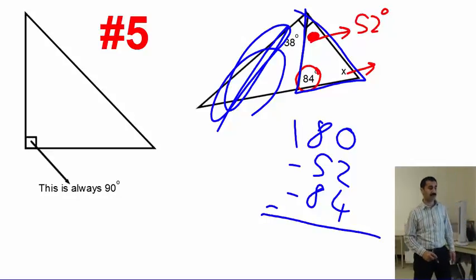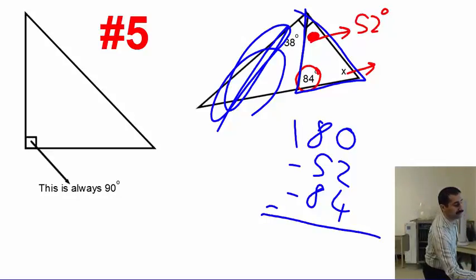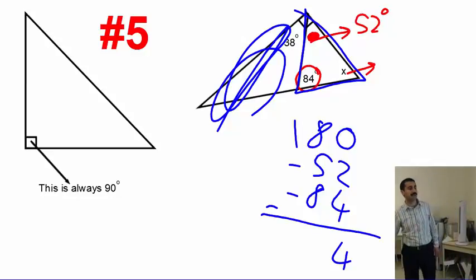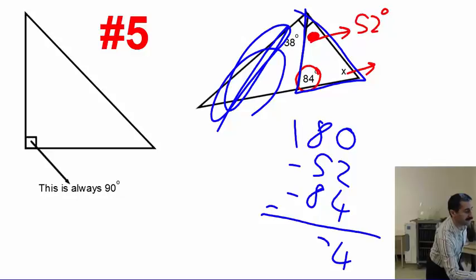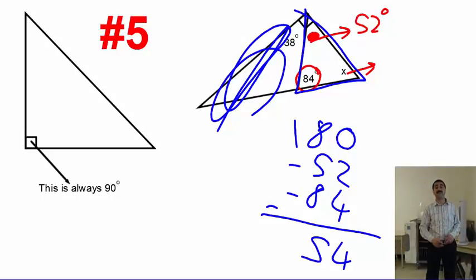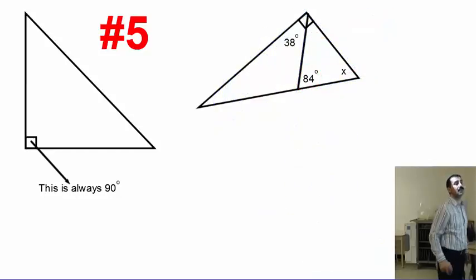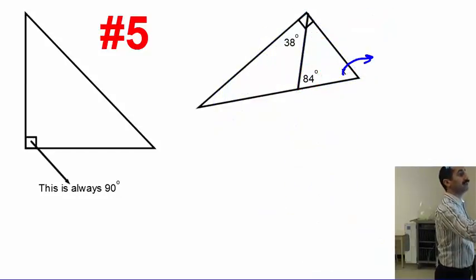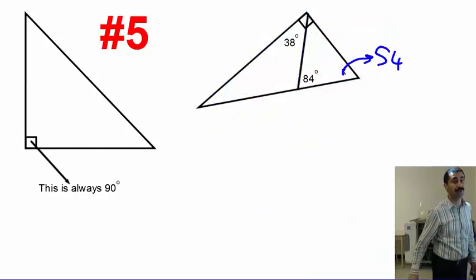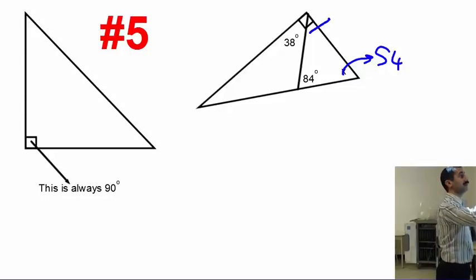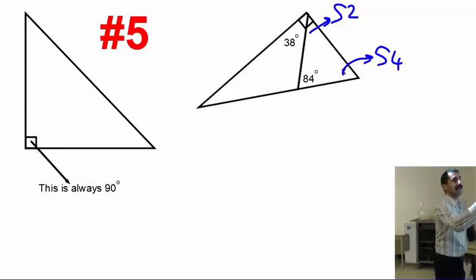So that's going to be 4 here, and that's going to be 54. 54 is the answer. So let's clear everything once again. Now we know that is 54, but you don't get that before you get this, which is 52 degrees. All right, so that was rule number 5.